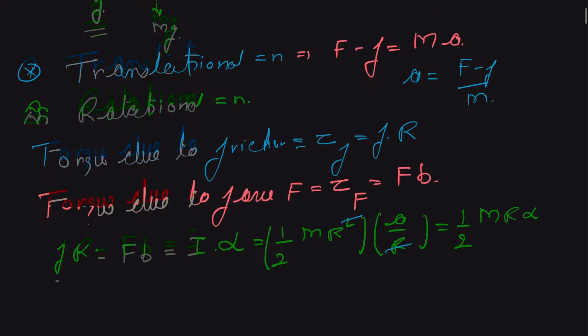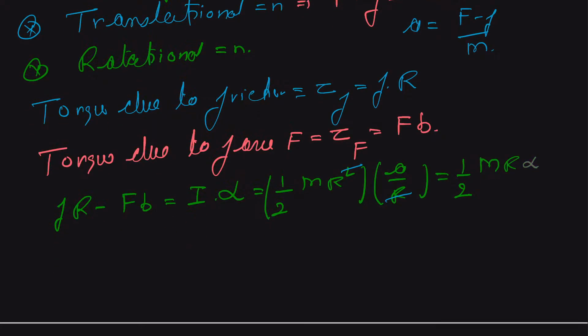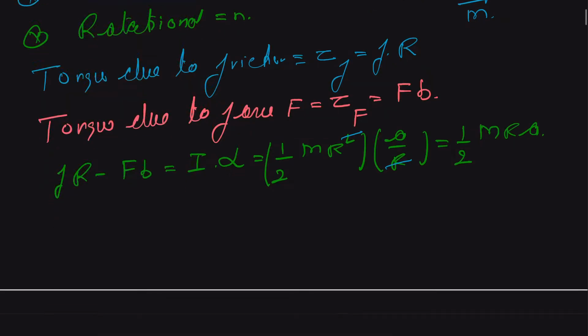And we substitute, sorry, here it is a, not alpha. So substituting a, the acceleration, in this equation, we get fr minus Fb will be equal to half m, and a is our F minus small f divided by m.